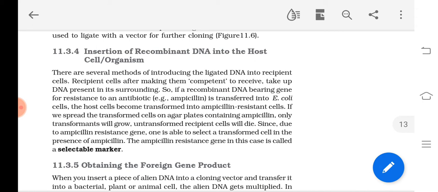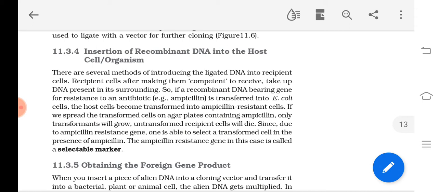Otherwise, the cell membrane will not allow the DNA to enter so easily, so it has to be made competent. Understood?